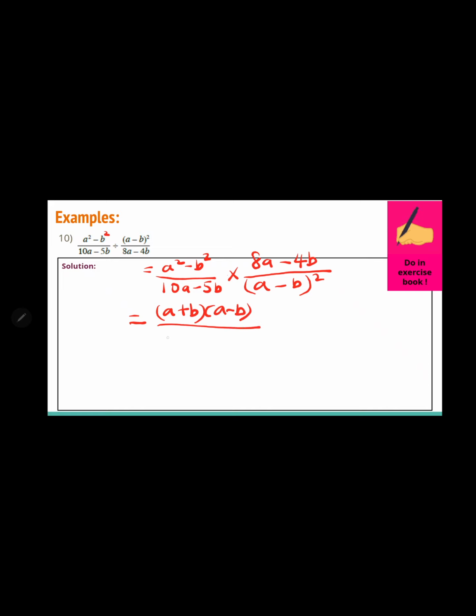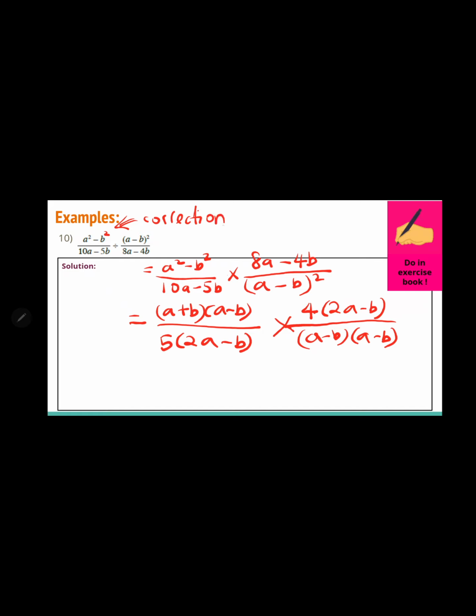So this is 5 to a minus b, this is 4 to a minus b, so a plus b, a minus b. So the one here is wrong, so the correction to the question.